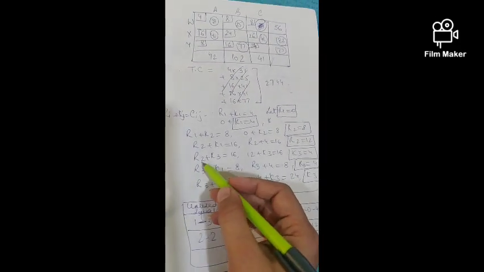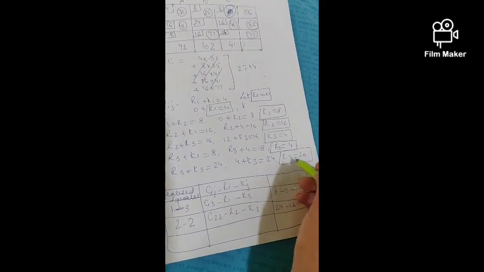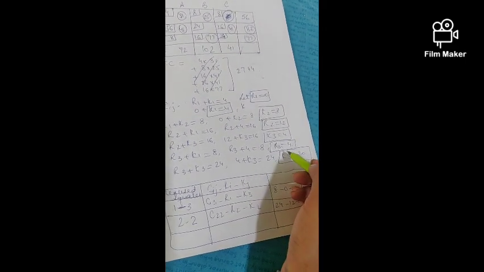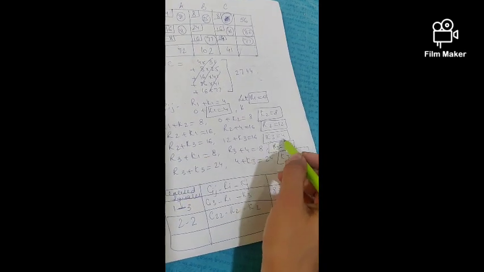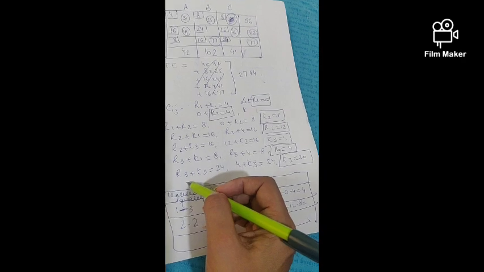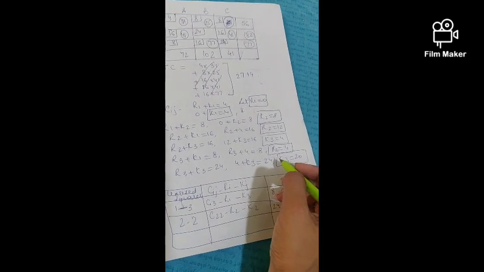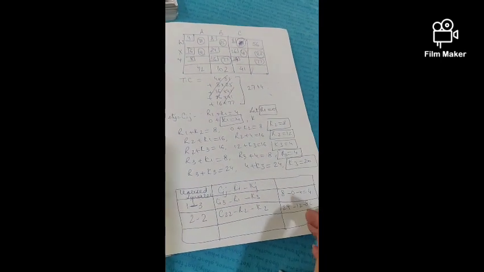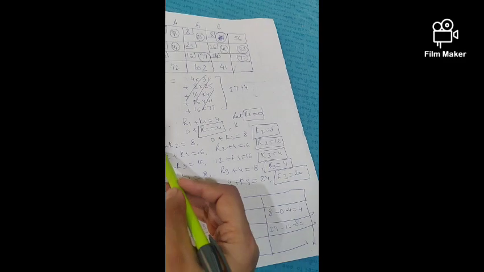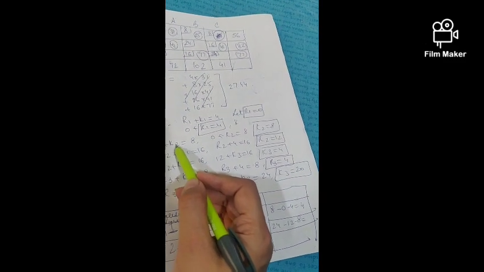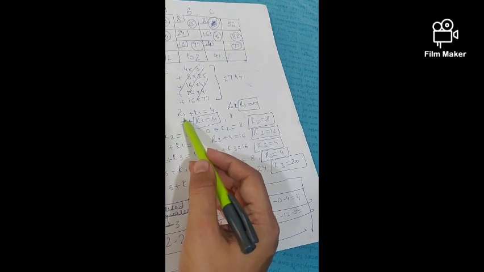One minute, we've done something wrong over here. K2 is 8. One minute, R2 plus K3 is equal to this. Next what we have is, give me a minute, R1 plus K2. Stone squares.